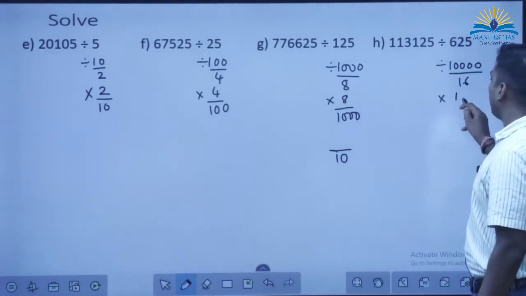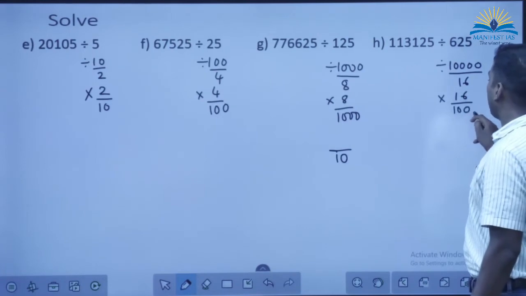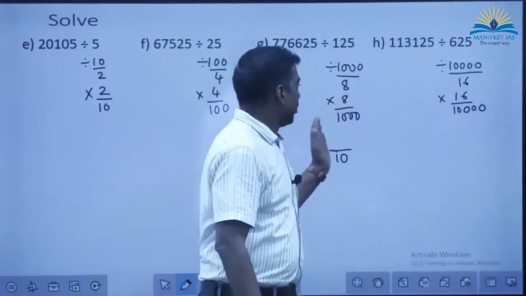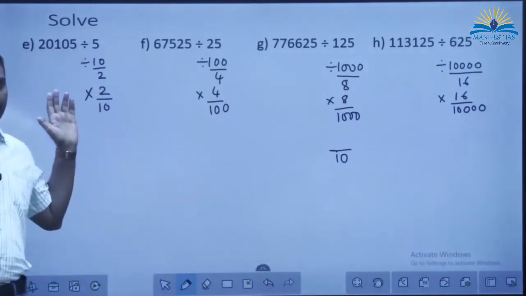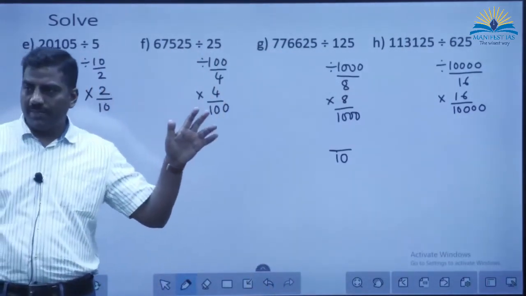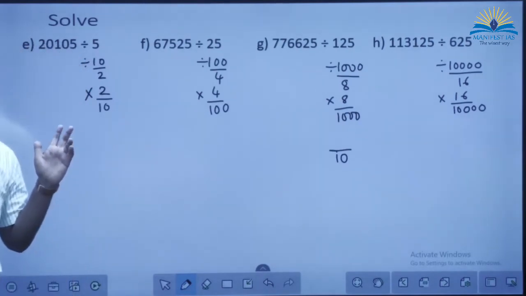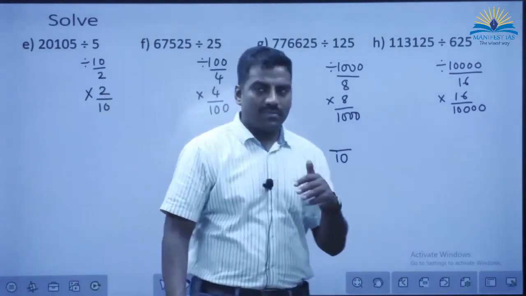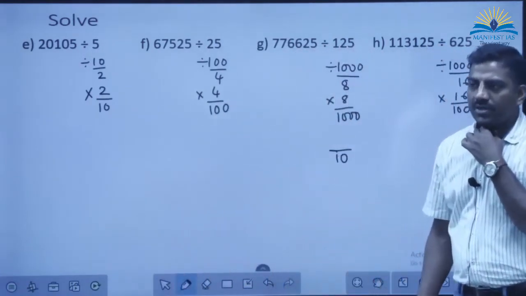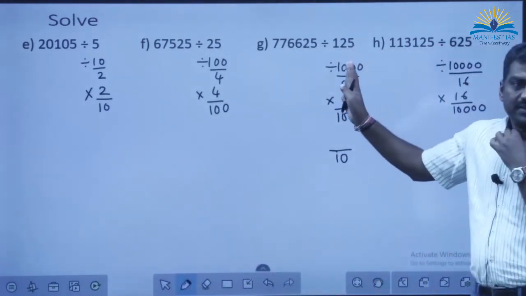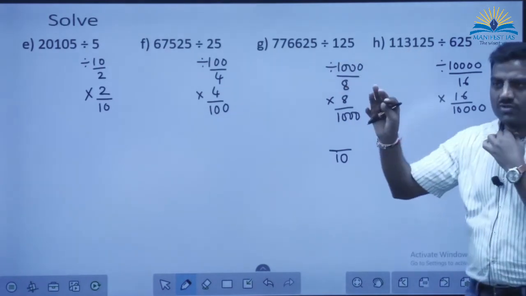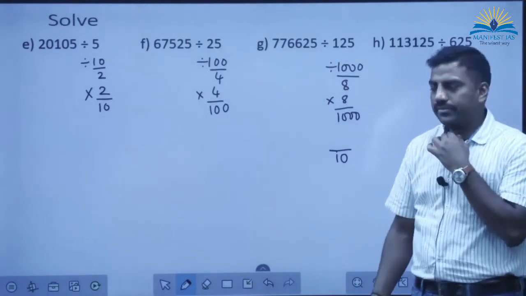Whatever we have done in the previous page, that we have to reverse. Because there we multiplied with 5, 25, 125. Here we are dividing with 5, 25 and 125. You can solve them later. No issues. But this is the trick. Instead of 5, we are using 2 everywhere. So that is going to help us.